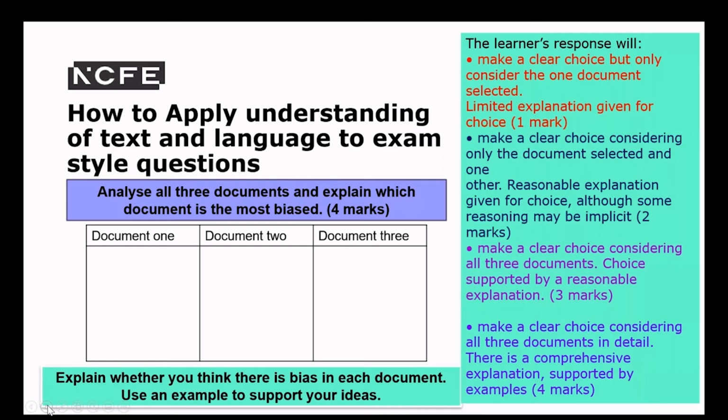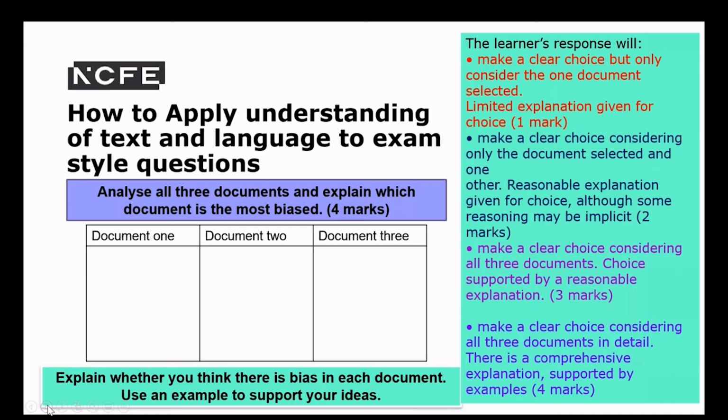So it would say the learner's response, if they only make a clear choice and consider one document, then that's limited and only 1 mark would be given. If you made a clear choice considering only the document selected and one other, then this is a reasonable explanation. So that would be 2 marks.